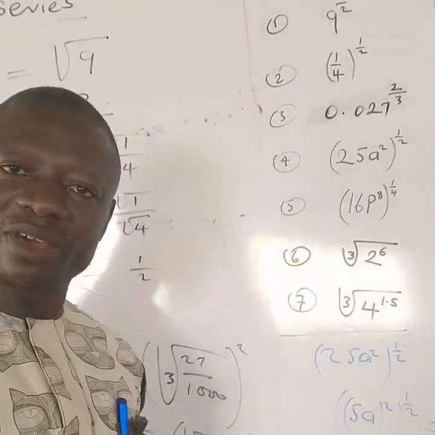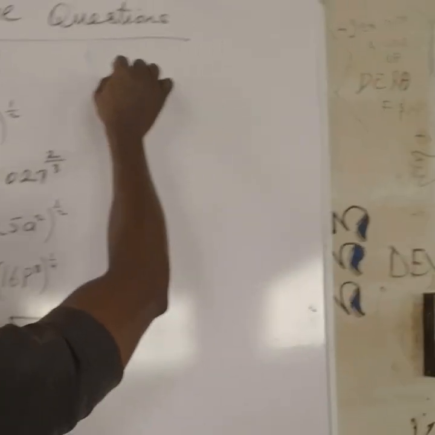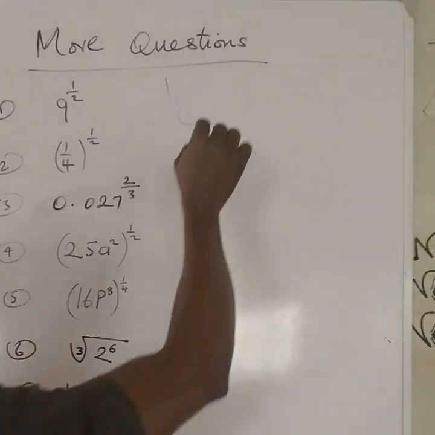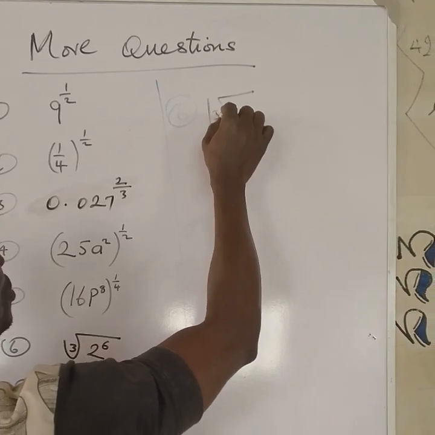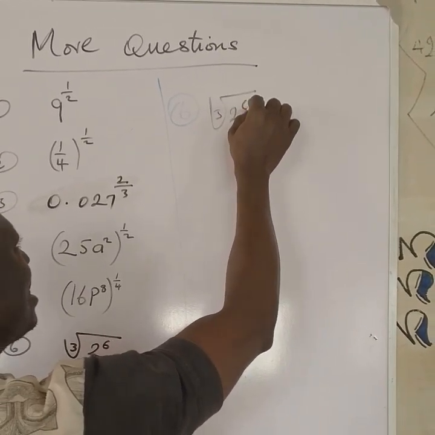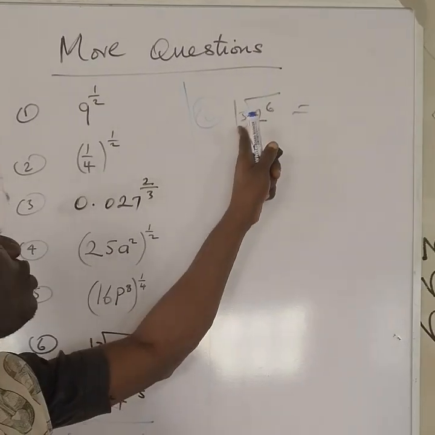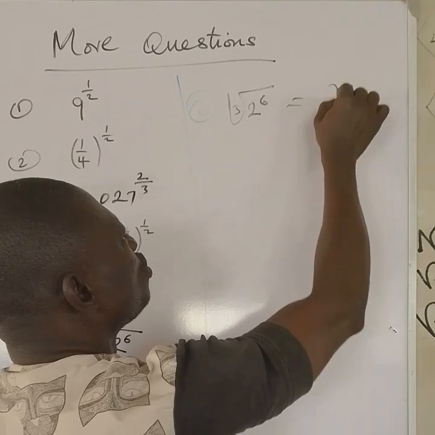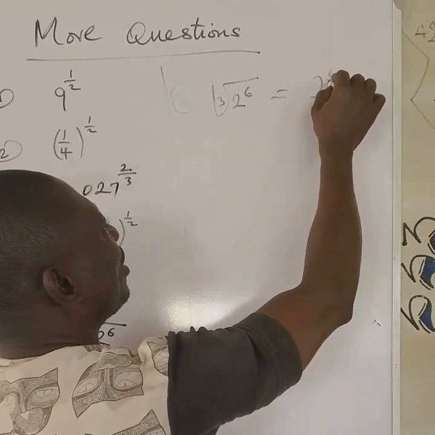So we are going to get this number 6 solved by saying that cube root of 2 raised to power 6 is the same thing as, if we try to take this root back to where it came from, 2 raised to power 6 over 3.